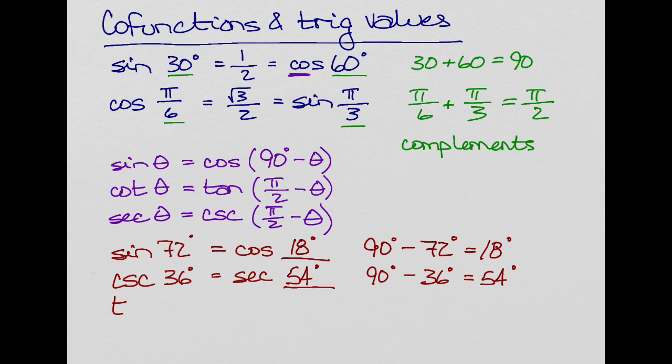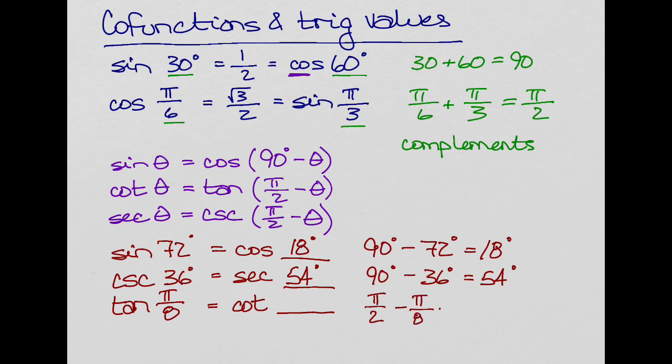The tangent of, let's say, pi over 8, and I want to express that as a cotangent. The tangent of an angle is the same as the cotangent of its complement. We're in radians now, so I'm going to use pi over 2, the difference between pi over 2 and pi over 8.